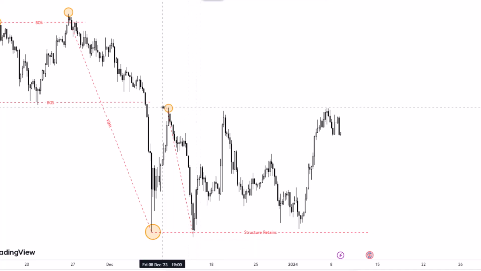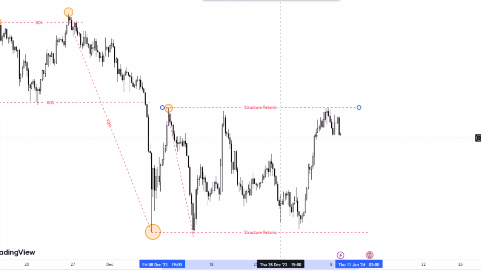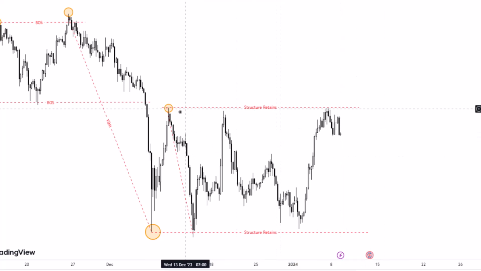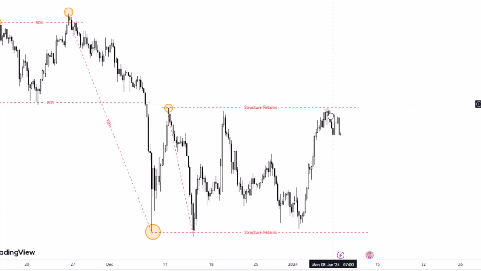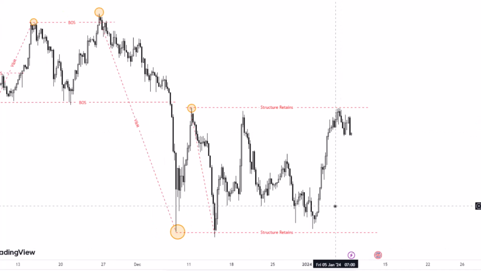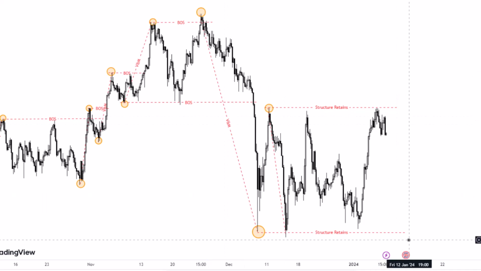Also from this highest point, we want to see whether price can retain or it can break to the upside. So if you notice, price came. For the second time when it came, it bounced down. For the third time, it is also heading its way to the downside, thereby creating a new structure to the downside.